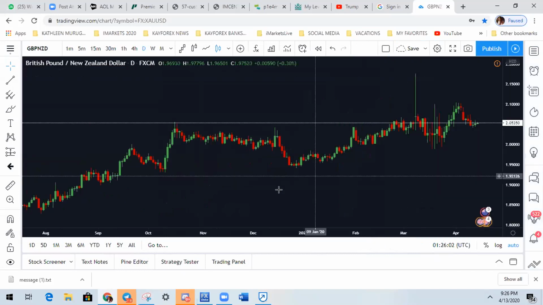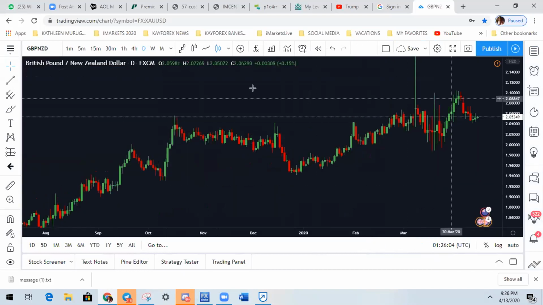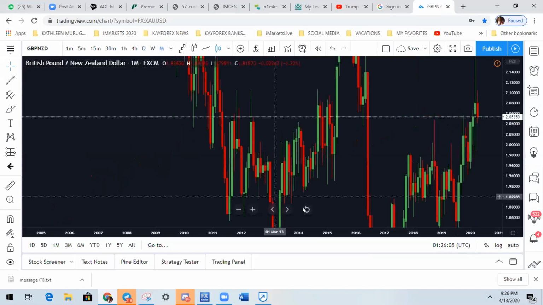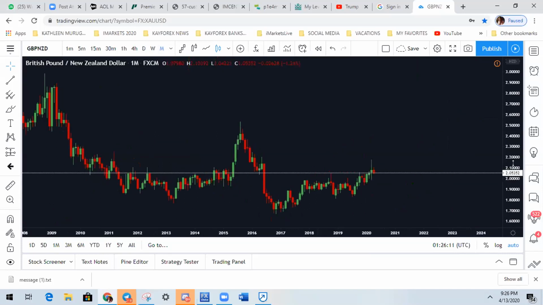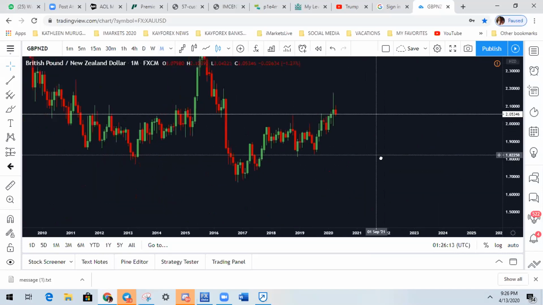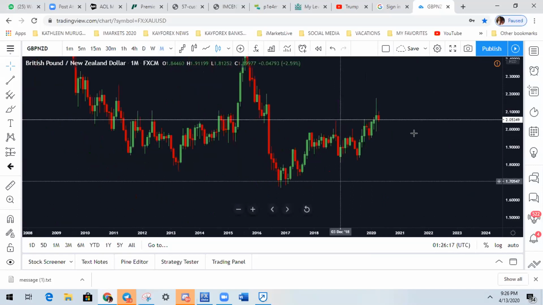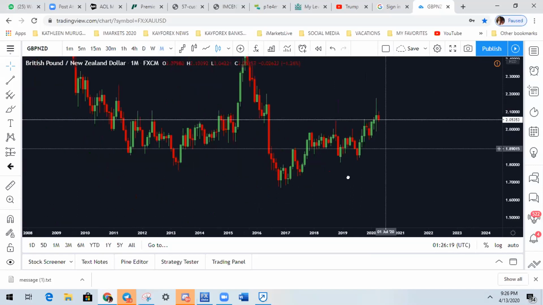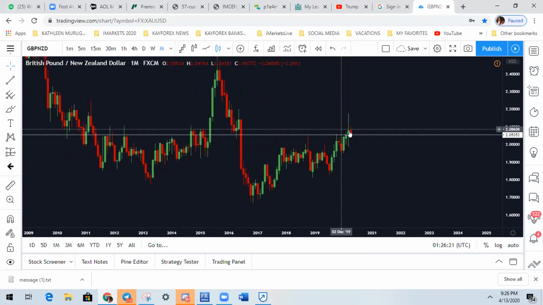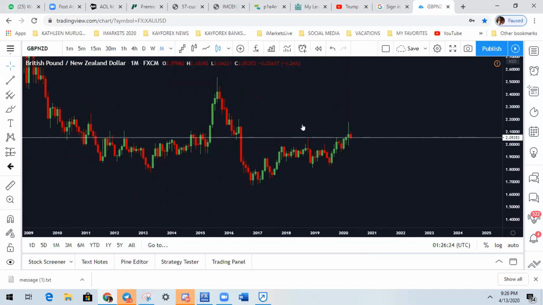So this is the monthly right here. We just follow the same process as everybody else. As you can see on the monthly, the last time price was even close to where it is now was right here in 2018, and before that in 2016.